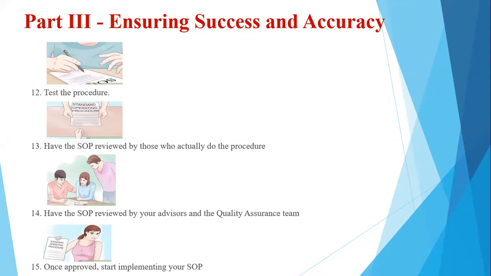Formatting your SOP, part 1. Part 2 is actually writing it down, and part 3 is ensuring success and accuracy with your SOP. So that's where we are done with this part of writing of standard operating procedures.